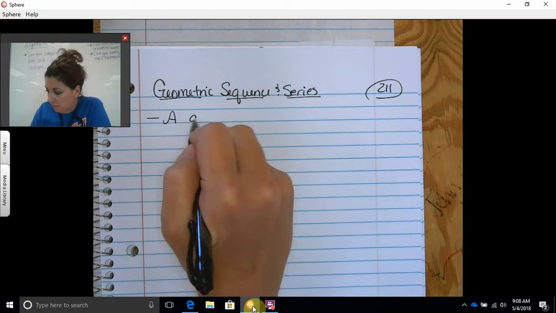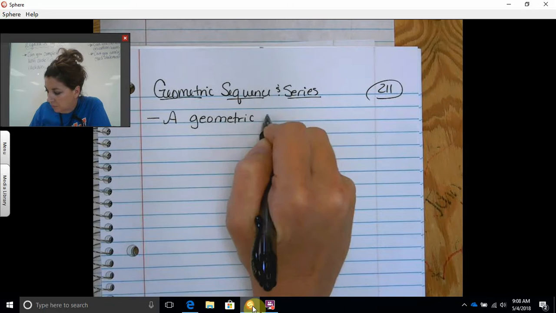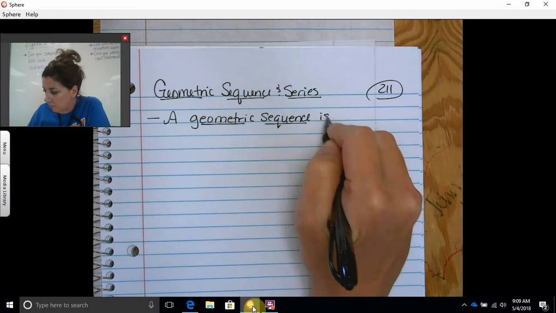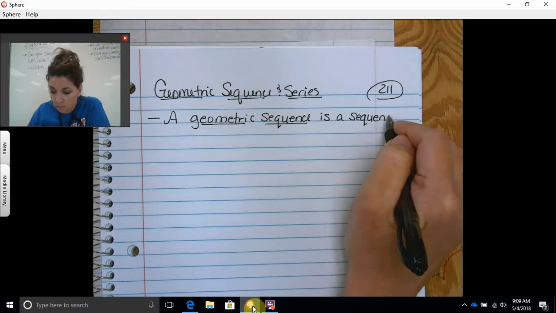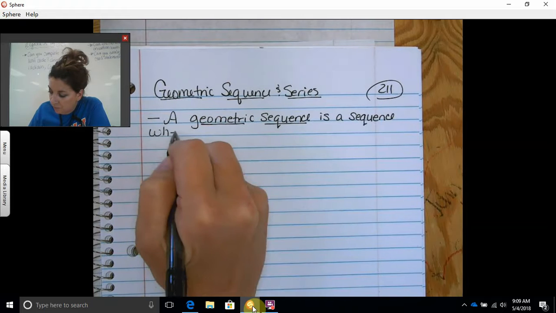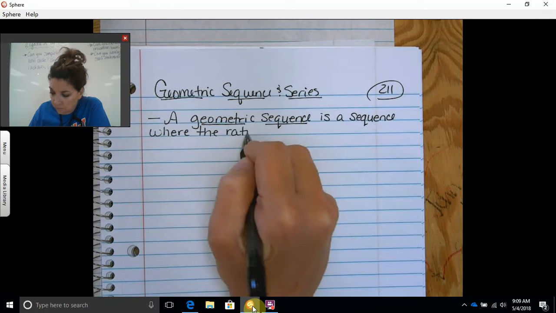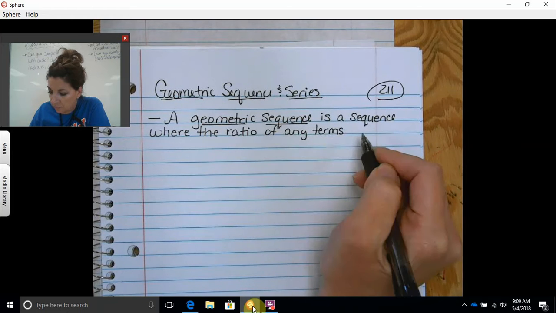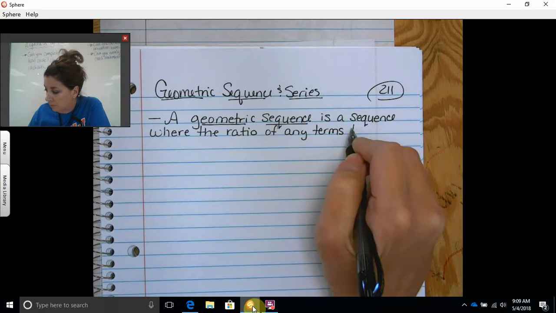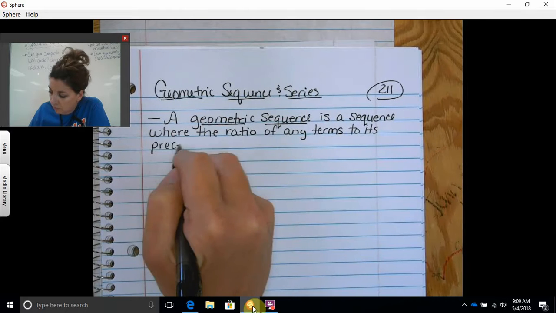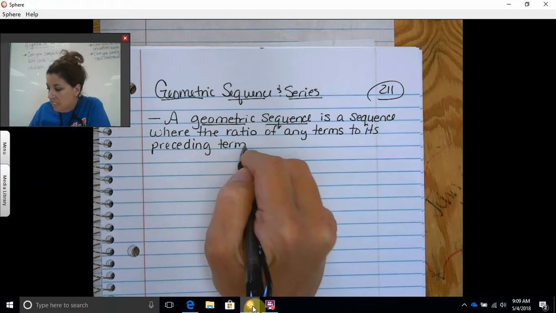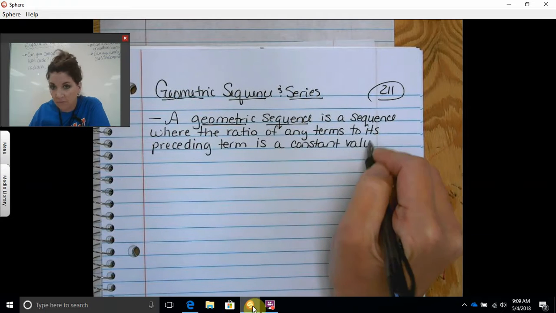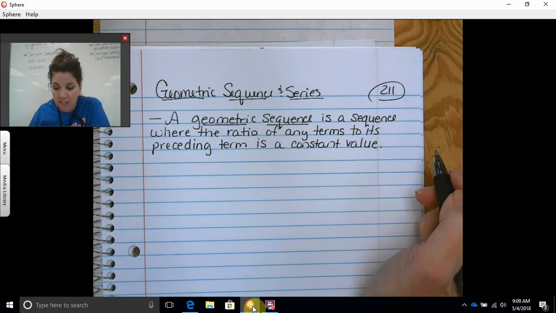A geometric sequence is a sequence where the ratio of any term to its preceding term is a constant value. So the ratio is a constant value.